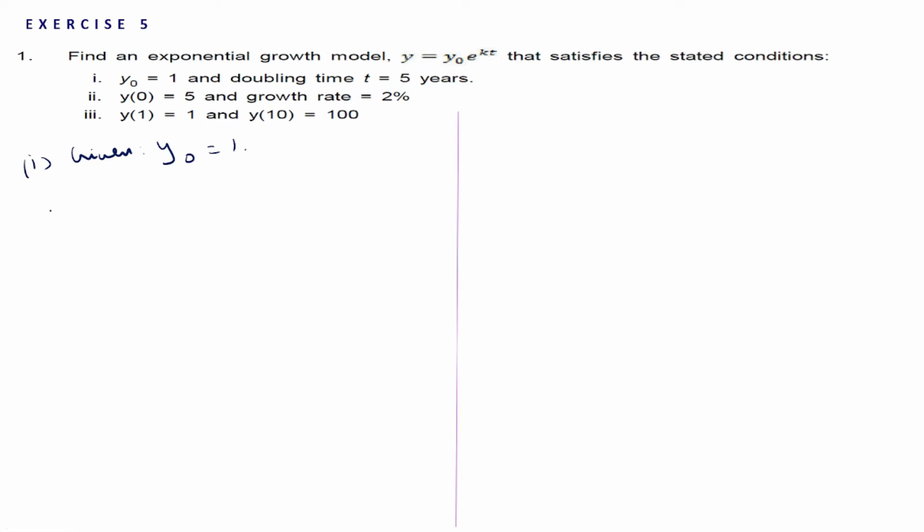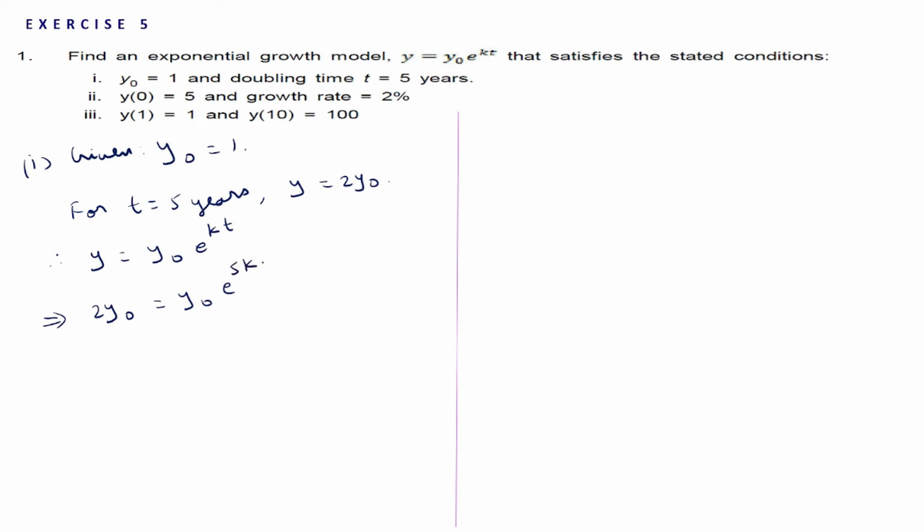So for t equal to 5 years, we have y equal to 2 times y naught. Therefore, y equal to y naught into e raised to kt. This is the given model. It will become 2 y naught equal to y naught into e raised to 5k.